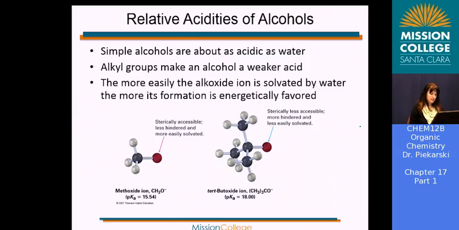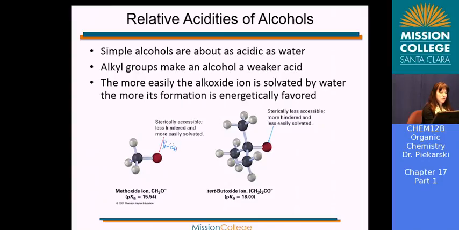It's all relative. Now, simple alcohols are about as acidic as water. Alkyl groups make an alcohol a weaker acid than water, for example. And the more easily the alkoxide is solvated by water, the more its formation is energetically favorable. By solvated, we mean surrounded by water.